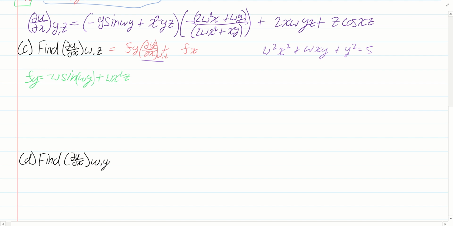So now when we solve for this first one, this is going to do a big partial with respect to x, holding w and z constant. So this is applied to the entire thing on this side, but this side is just going to go to 0.